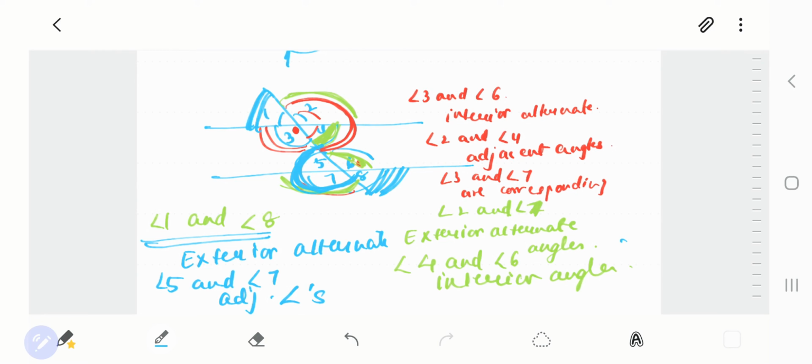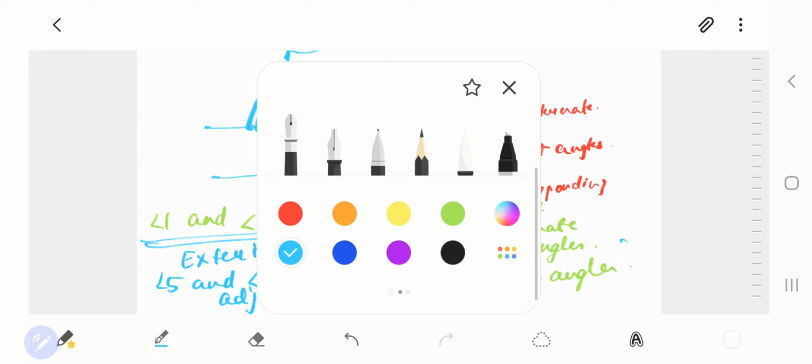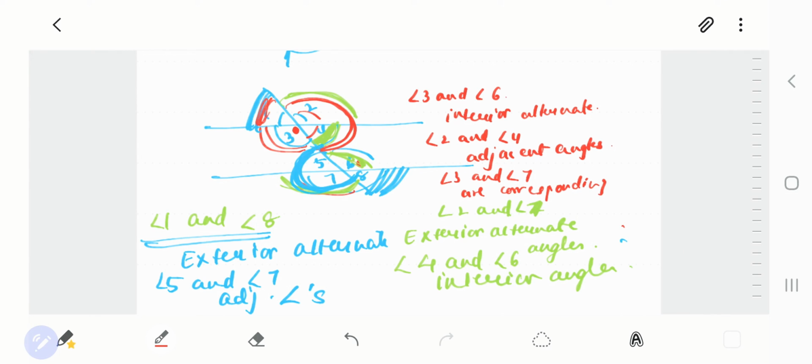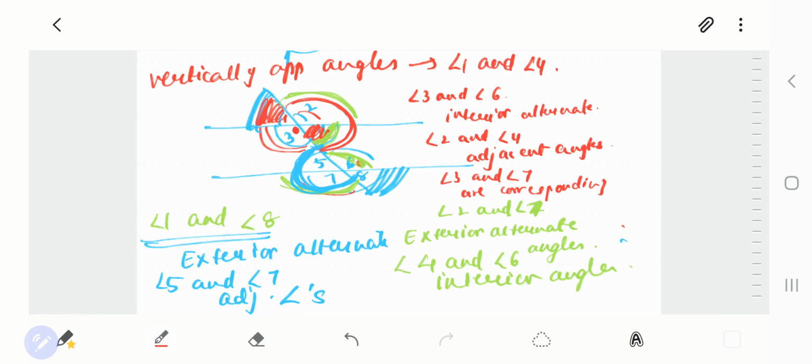What about 1 and 4? Look at 1 and look at 4. This is your 1 and this is your 4. So they are X forming angles, means vertically opposite angles. Who? Angle 1 and angle 4. What about 5 and 7?